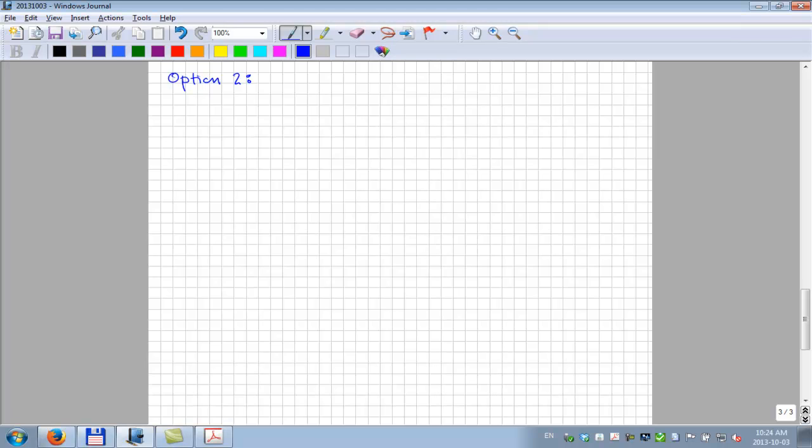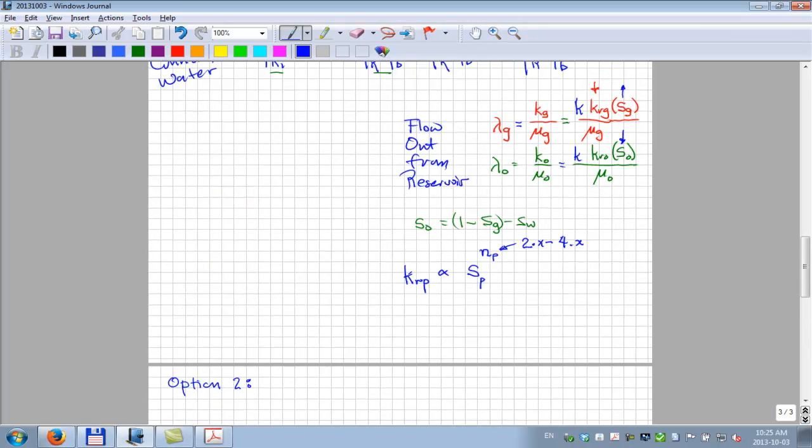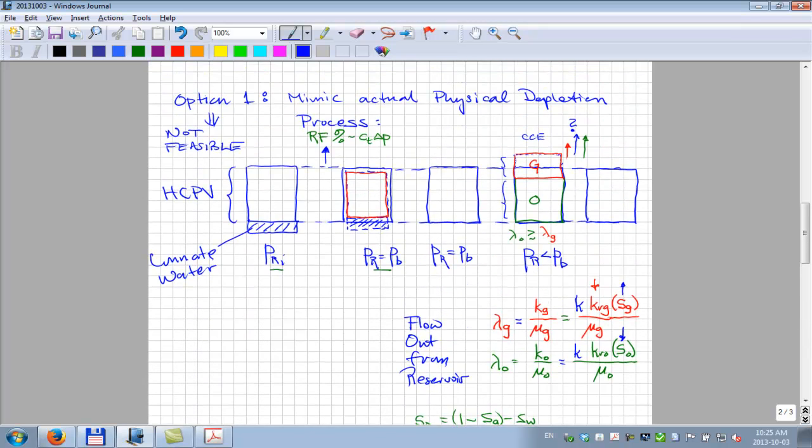Okay? So I'm open to any suggestions about what could be used to remove something to return this cell here, which has too much volume, by removing something back to the same cell volume.